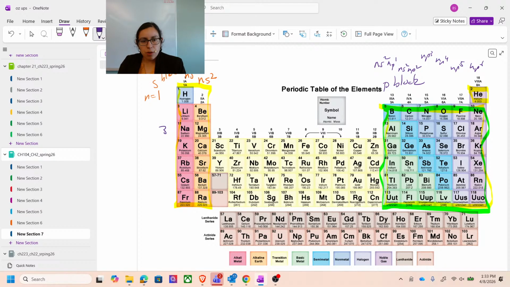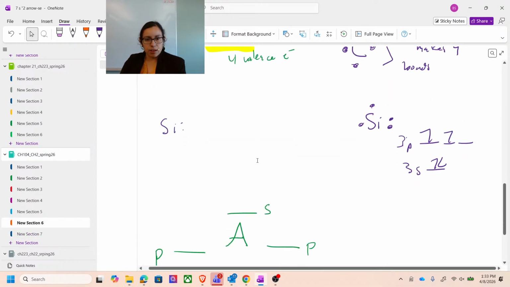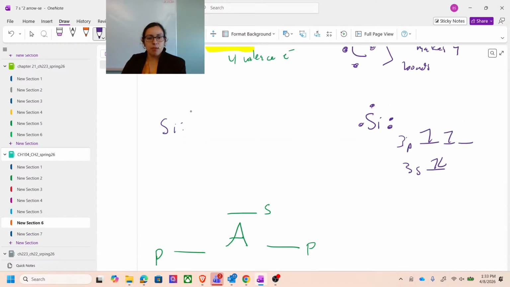So 3s1, 3s2. This is 3p over here. And so you can probably start to get a sense that this starts getting tedious, right, to write out our full electron configuration. So for silicon, that would be 1s2, 2s2, 2p6, 3s2, 3p2, right?